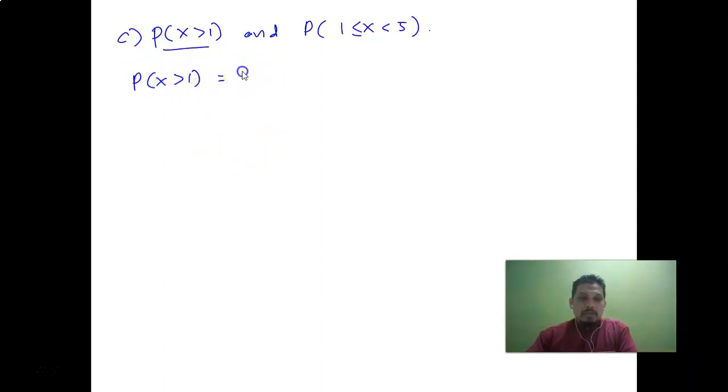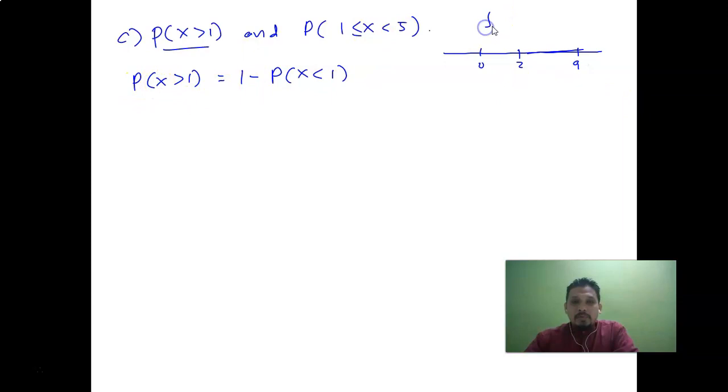So for this one here now, the first one, probability of X greater than 1. We may use 1 minus probability of X less than 1. The reason that we come up with this formula is because we have two functions, with domain from 0 until 2 and then from 2 until 9. If we like to find that directly, we integrate from 1 until 2, plus 2 to 9, plus 9 to positive infinity.